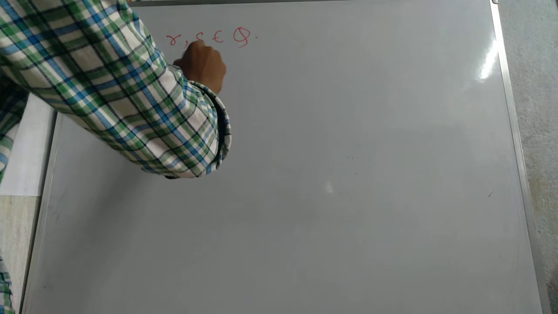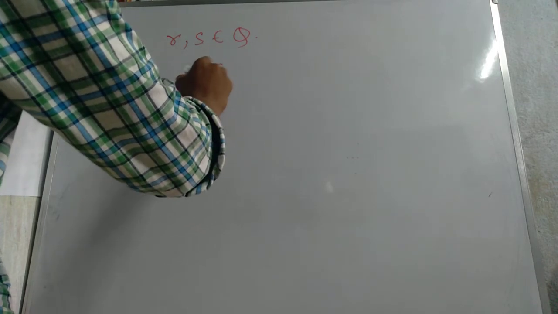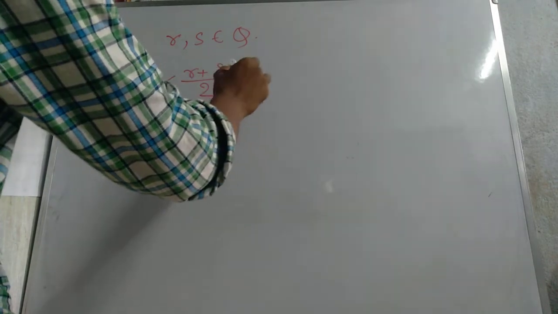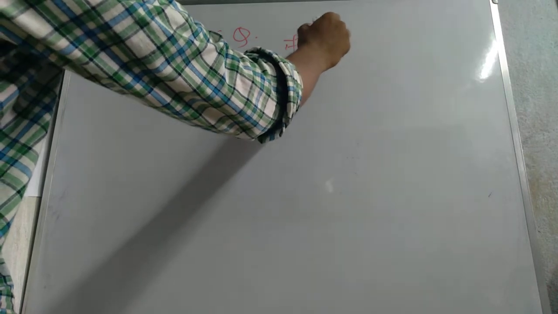The supremum exists here, but it does not belong to this set. So we are going to progress further: for any two rational numbers r and s, if r is less than s, there is a rational between them.